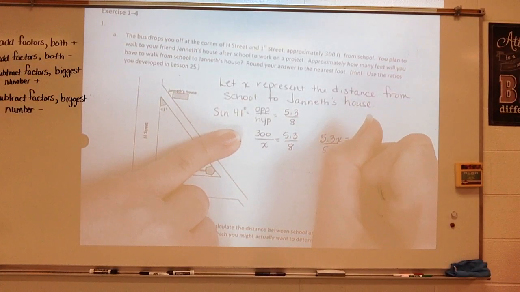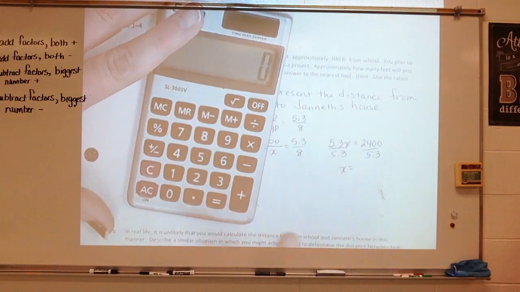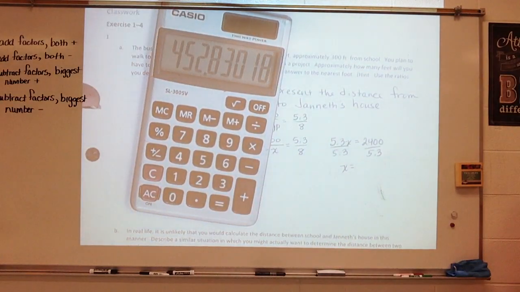And I'm going to divide by 5.3 to figure out that x is equal to 2400 divided by 5.3. Now it says round to the nearest foot. All right, so I want to round this to the nearest whole number.